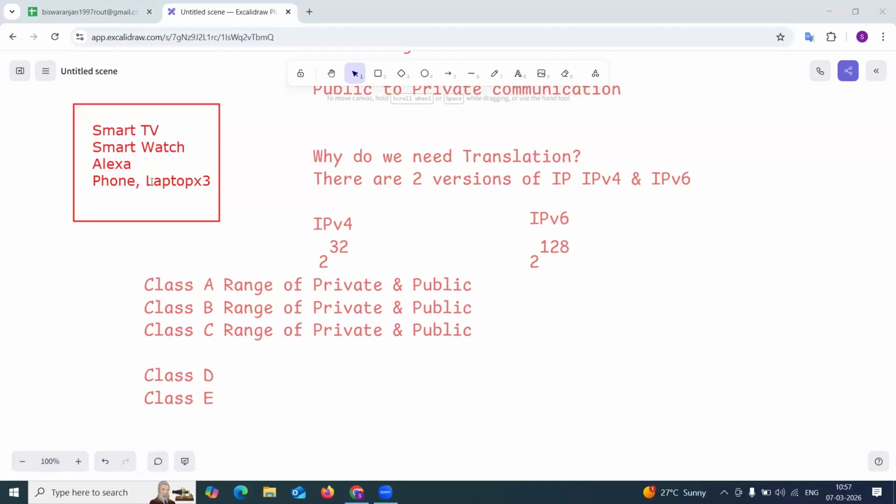In IPv6, we don't have a shortage of any public IPs. We have enough public IPs that can be used for the upcoming 50 to 60 years. That much we have. So the problem is with IPv4. In IPv4, we need a temporary solution that can resolve the internet access of the users.